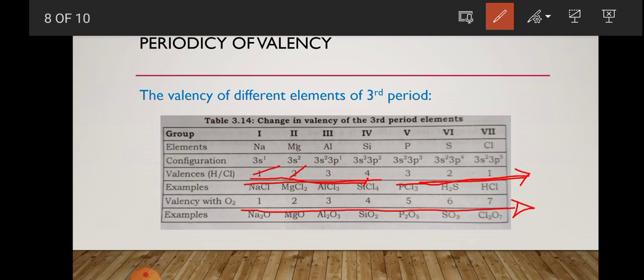For aluminium, the outermost valence electrons are 3, so its valency is 3. For silicon, the outermost electrons are 4, so its valency is 4. After that, valency gradually decreases according to the hydrogen scale valency.